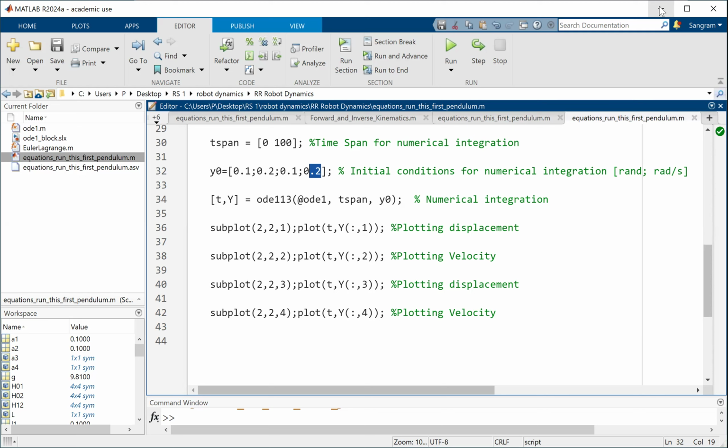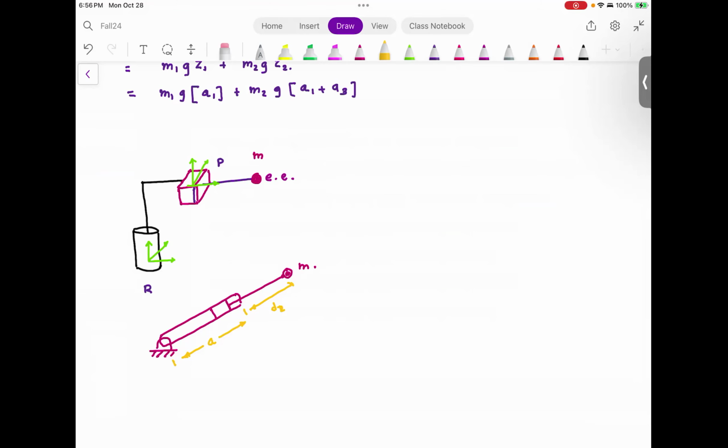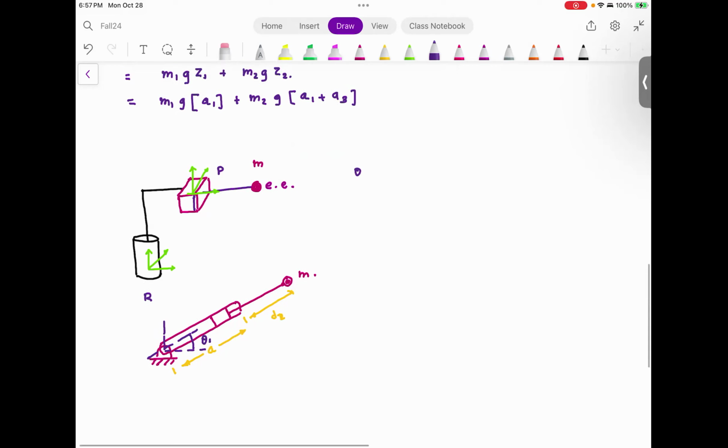And this is the kinematic diagram. That is the kinematic diagram, but the robot actually looks something like this. You are going to have this angle as theta 1. So the two variables are theta 1 and D1.